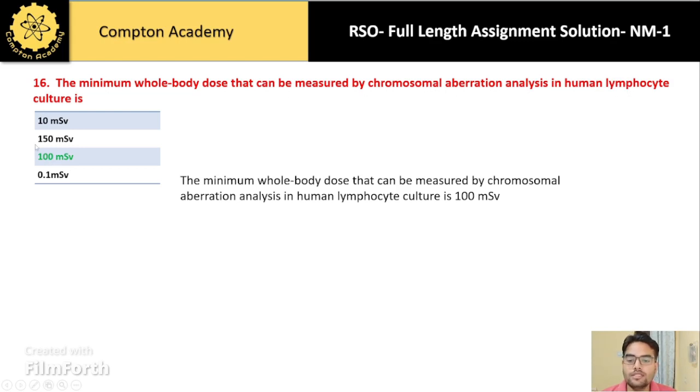So 100 millisievert is the limit. Here we measure the dicentric formation. So 100 millisievert is the minimum whole body dose for chromosomal aberration analysis.